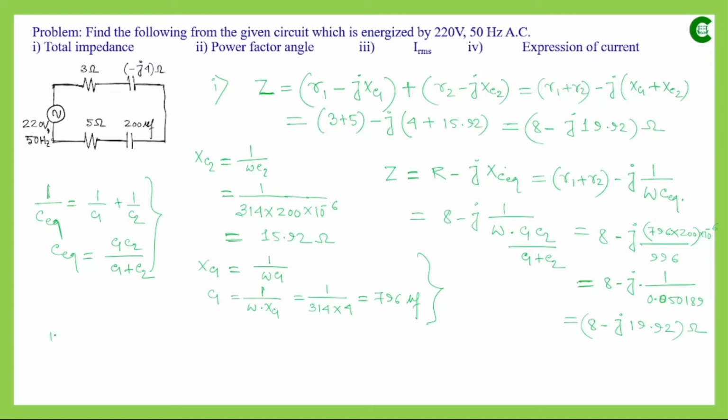Now the second question is to obtain the power factor angle. For this we know the formula, and the power factor angle means the phase difference between voltage and corresponding current.